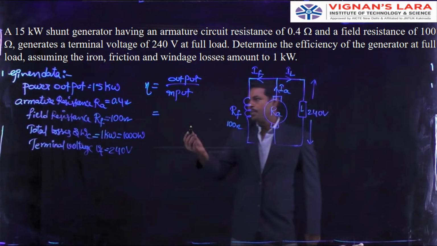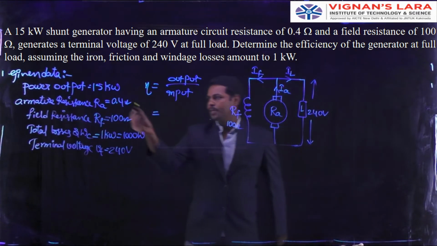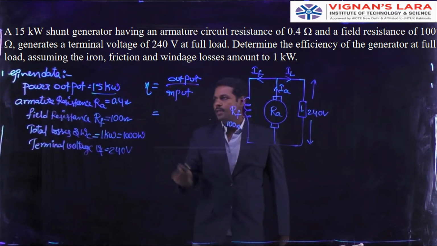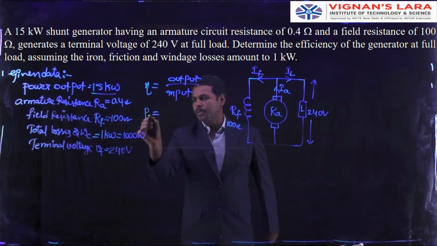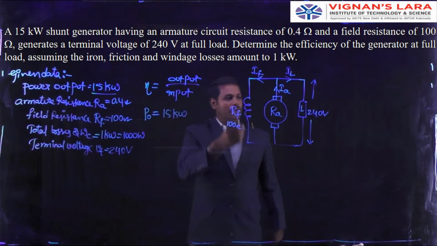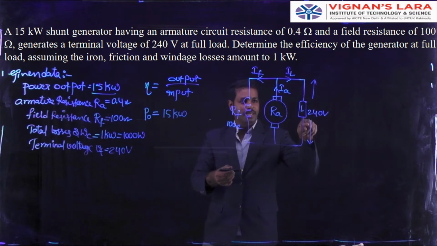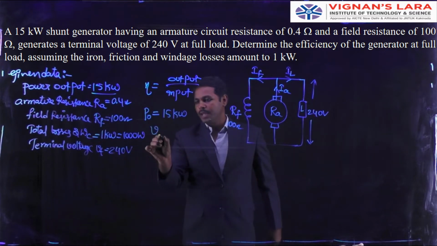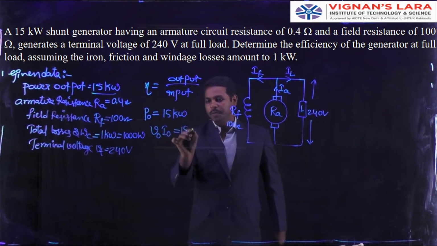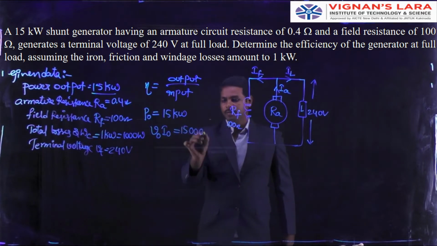Based on the power output, which is equal to 15 kilowatts, P naught is equal to 15 kilowatts. The parameters on the load side give V naught into I naught, or IL, equal to 15,000 watts.